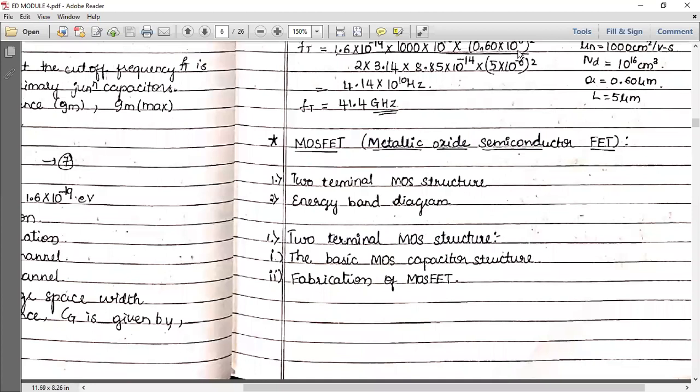Everyone respond with your USN. Remember, you have to write the second IA up to the syllabus of fabrication of MOSFET, from wherever you left the first IA syllabus up to here.